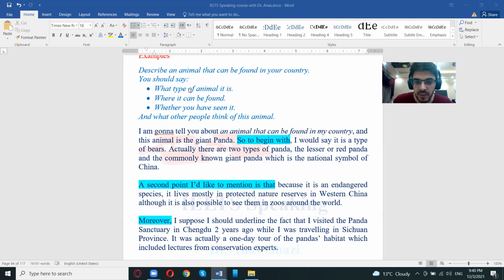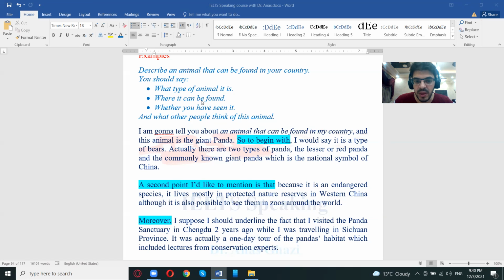Okay, the first point. Then I'm going to move to the second point. Maybe I can say something like, okay, next, or secondly, a second point I'd like to mention is that, okay, where it can be found, the place. Because it's an endangered species, it lives mostly in protected nature reserves in Western China, although it's also possible to see them in zoos around the world.